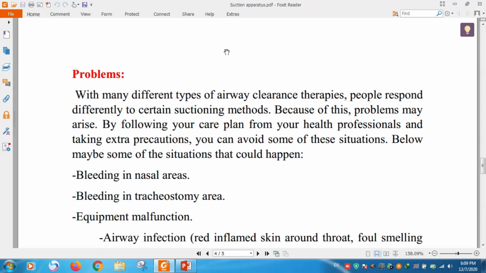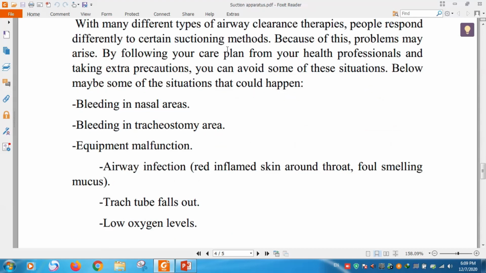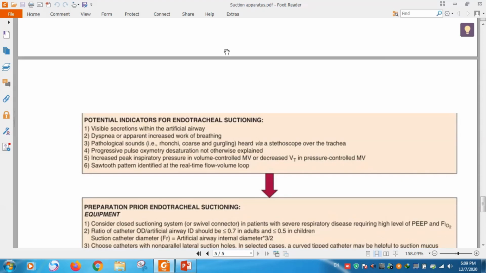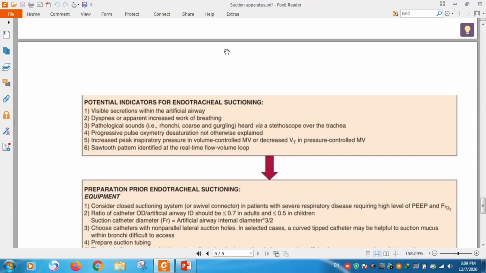You can avoid some of these situations. Some of the situations that could happen: bleeding in the nasal area, bleeding in the tracheostomy area, equipment malfunction, airway infection, red inflamed skin around the throat, false mucus, trach tube falls out, low oxygen level. These may happen as problems with suction.